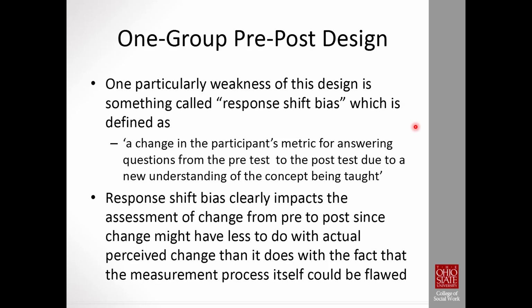If people don't actually know where they're starting, and give inaccurate responses at a pretest, when you compare that to the post-test, you never quite ultimately know what you're comparing. And this is called a response shift bias, as you can see.